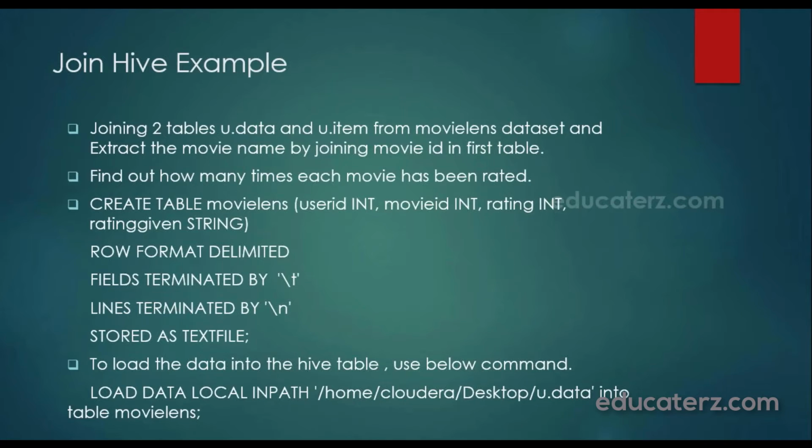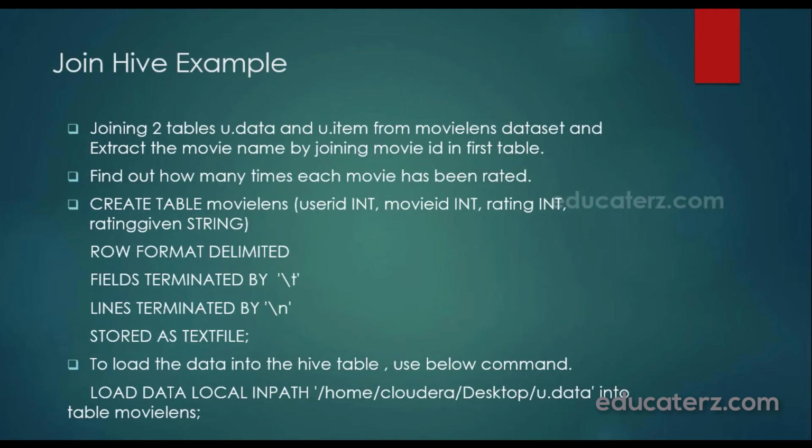Join Hive example. So here, let's take our movie data set, which consists of two different data files. One is the u.data, which consists of movie related information: movie ID, user IDs, ratings, and timestamp. These are some of the details you can see in MovieLens.